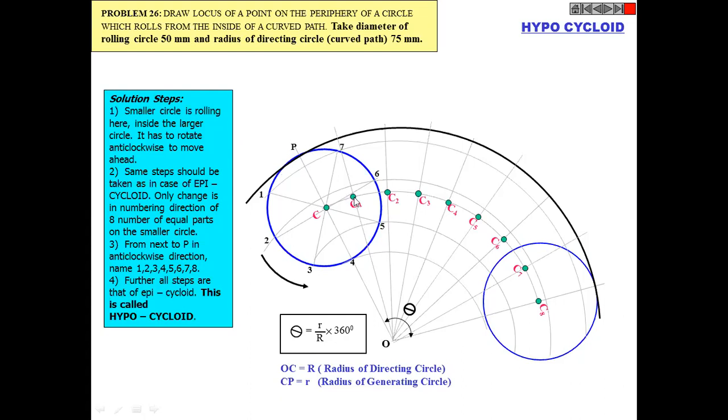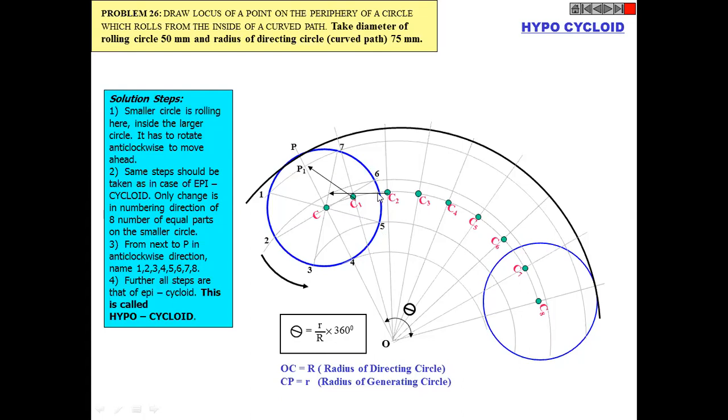Then you put your compass on C1 and cut an arc on line number 1, the line coming from point number 1. Then from C2 you mark on line number 2, from C3 on line number 3.